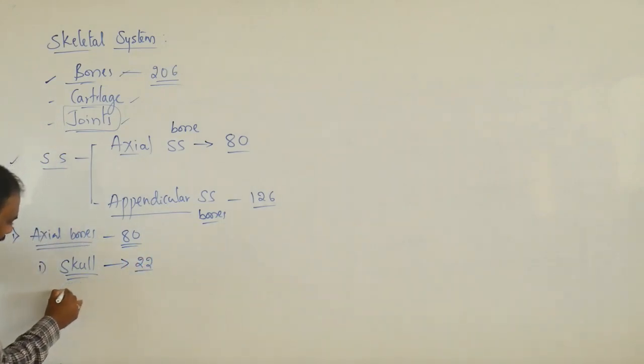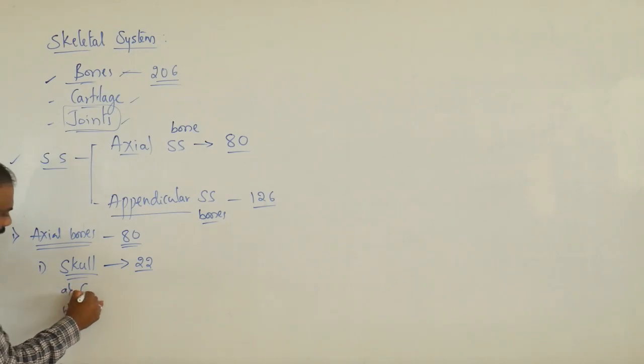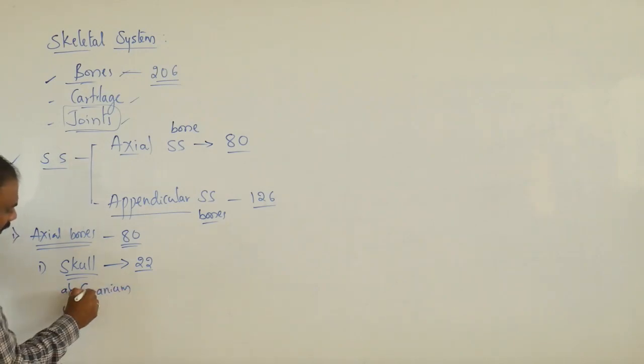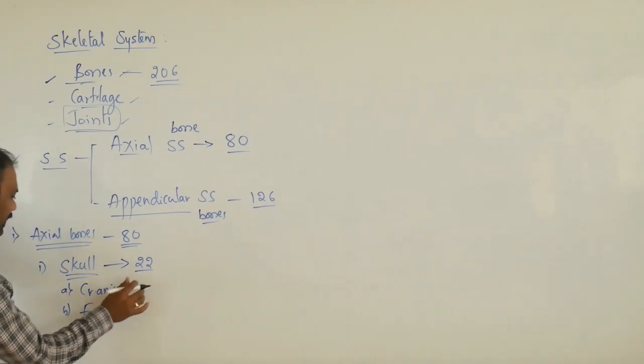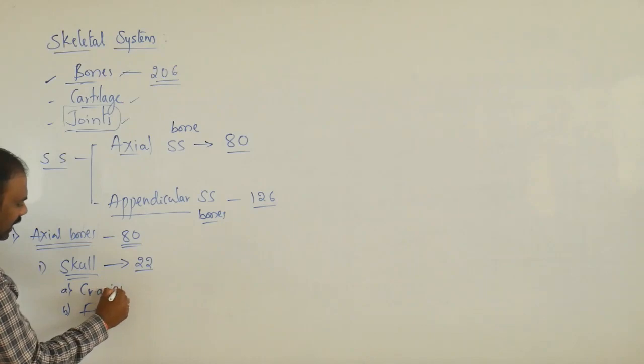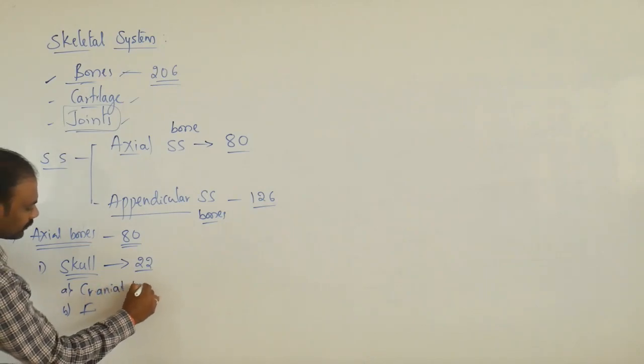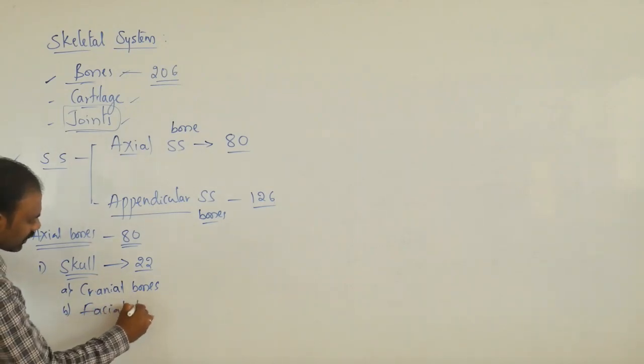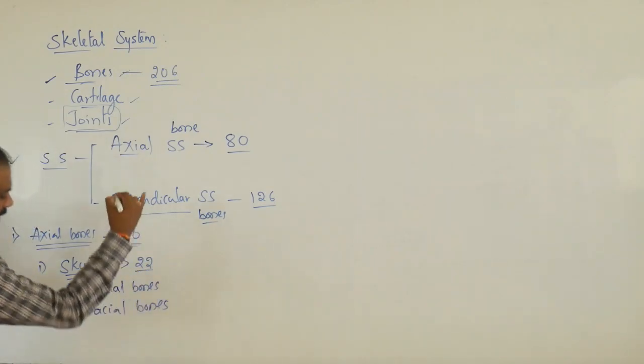In that, we divide the skull into two: one is the cranium, remember the word cranium, or we can call it cranial bones, and the second one is the facial bones.